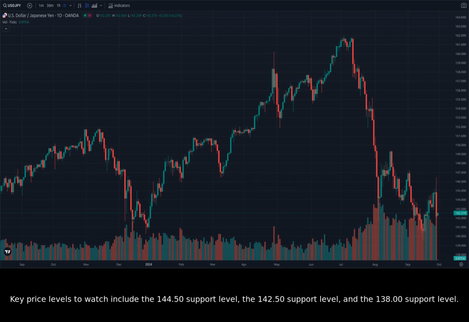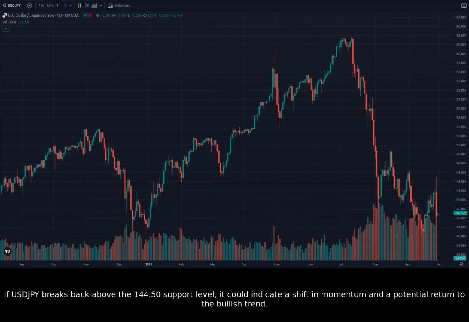Key price levels to watch include the 144.50 support level, the 142.50 support level, and the 138.00 support level. If USDJPY breaks back above the 144.50 support level, it could indicate a shift in momentum and a potential return to the bullish trend.